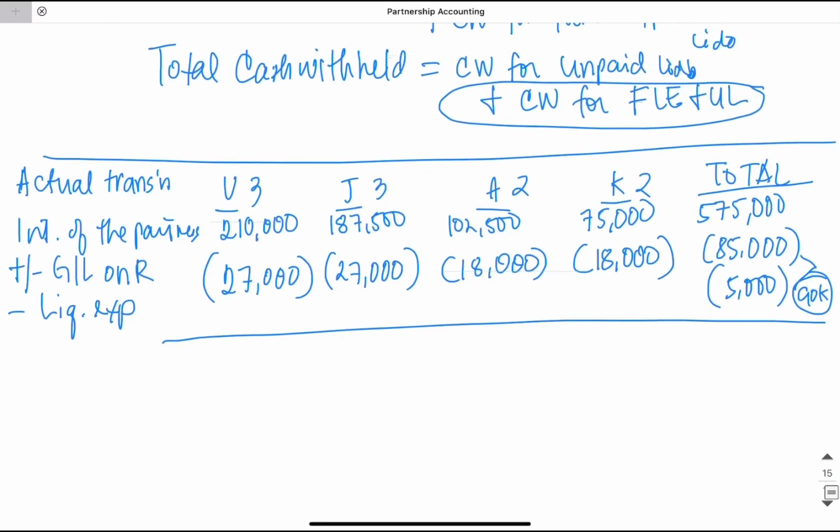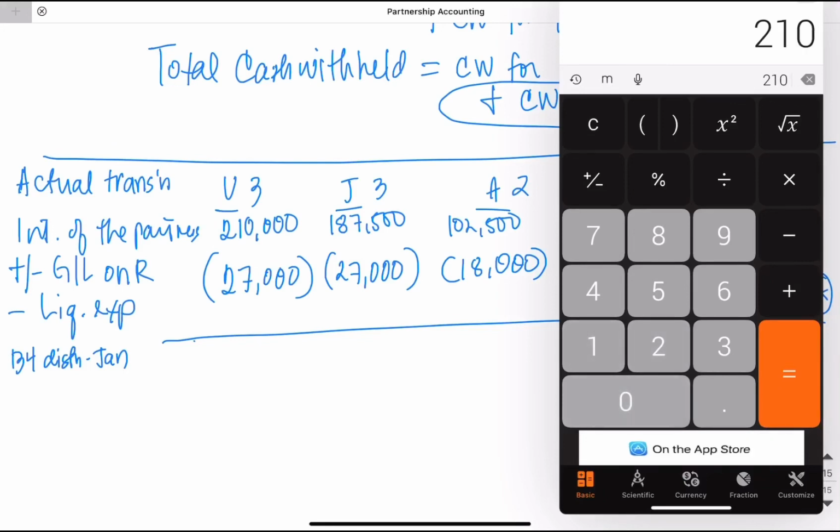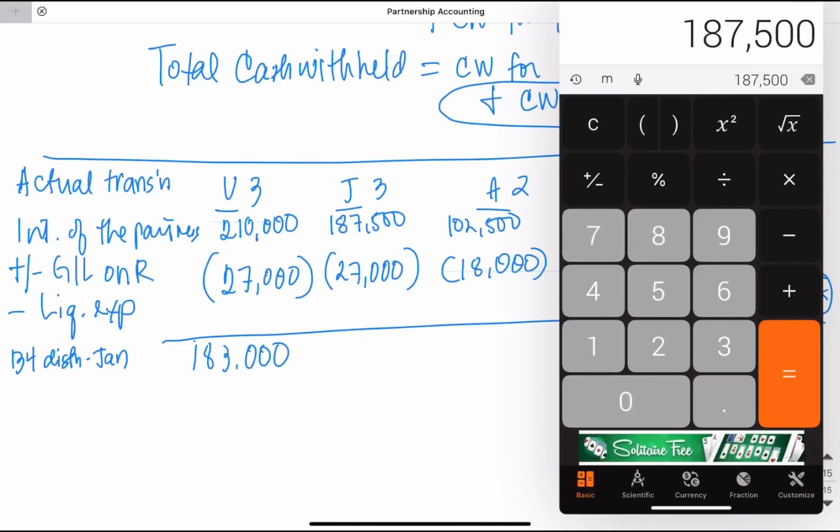So these are your capital balances or interest before distribution in January. Okay, so let's compute. 210 minus 27, so we have 183,000. 187,500 minus 27,000, so this is 160,500.